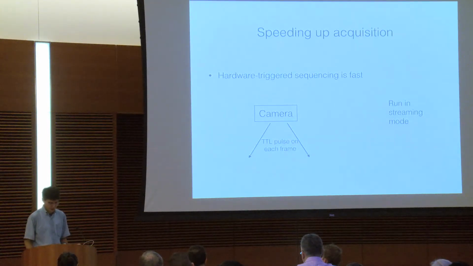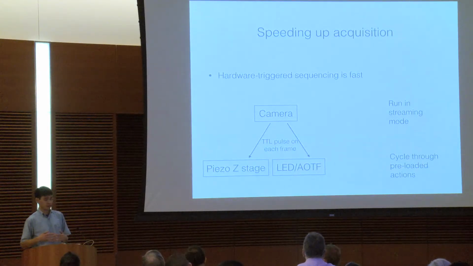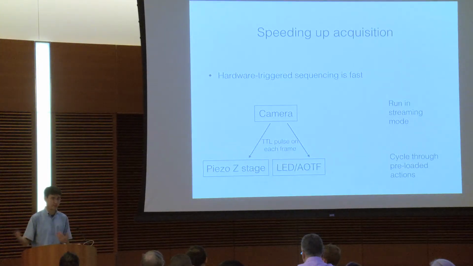And you can feed those pulses into devices such as a piezo Z-stage or a fast illumination switcher such as LEDs or an AOTF controlling lasers. And if you pre-program these devices to cycle through a predefined list of positions, then when you start the camera, it's going to send pulses for each frame and the devices will advance to the next position. So you get the same effect as the multidimensional acquisition, except that there's no communication with the computer. So it's all very high speed and accurately timed.